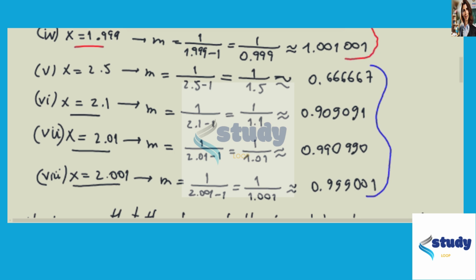And when we approach x to 2 from the left and from the right, the values of the slope of the secant lines approach the value 1.